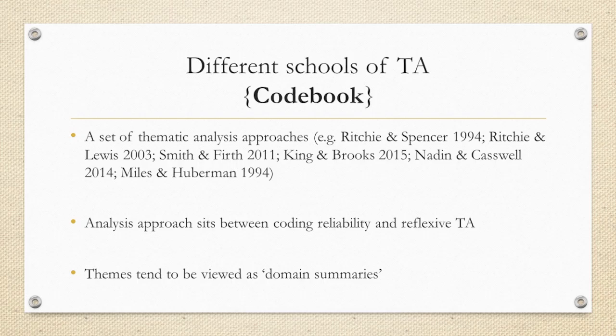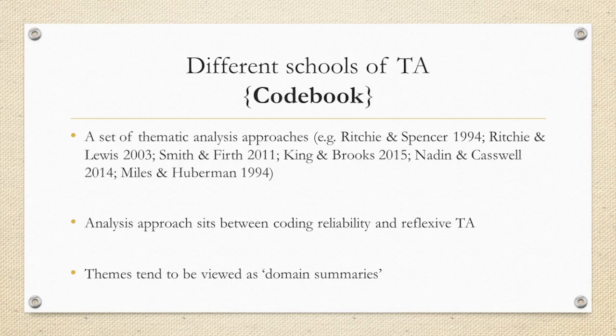So you could see there are so many different types of codebook techniques which fall under this second set of thematic analysis approaches. These do not use the actual term, by the way, of thematic analysis.